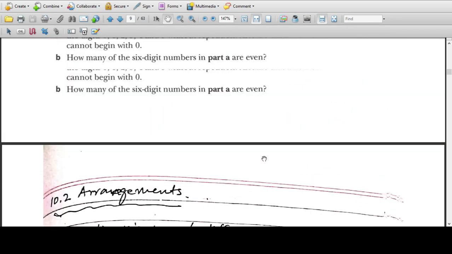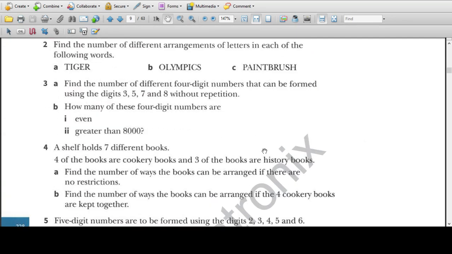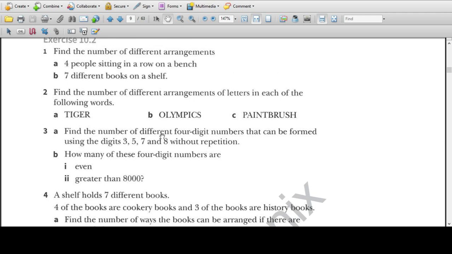Now question number 3, find the number of different 4-digit numbers that can be formed using the digits 3, 5, 7, 8 without repetition. How many of these 4-digit numbers are even and greater than 8000?